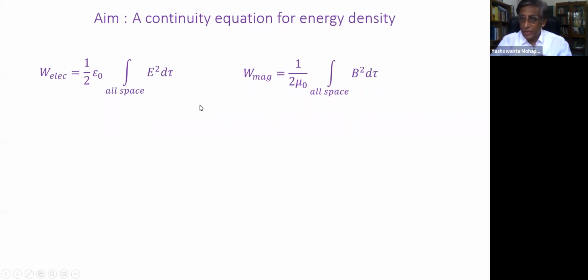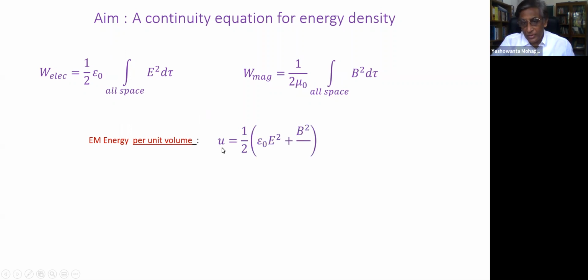So we have an electromagnetic field, and of course part of it is in electrical form, part of it is in magnetic form. So at any time, I can then write down the electromagnetic energy per unit volume. Over all space, this will be just the integral. So we define it as small u, and sometimes I'll also write it as u_EM, to differentiate between different symbols.